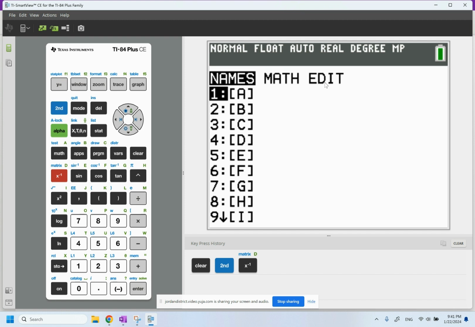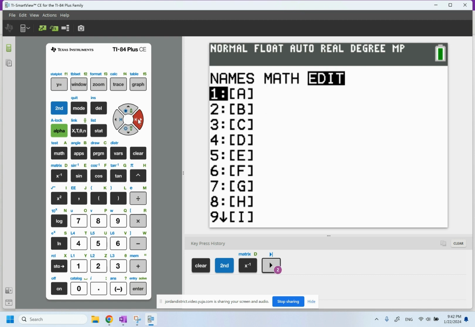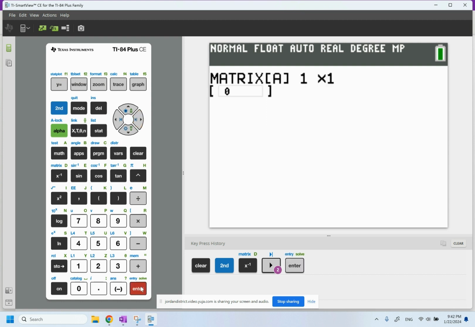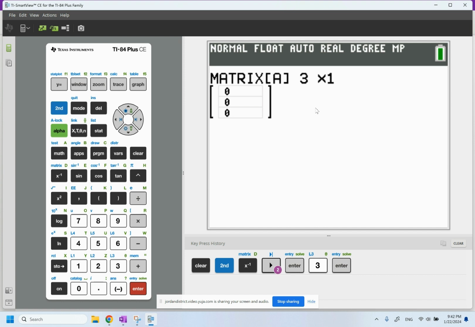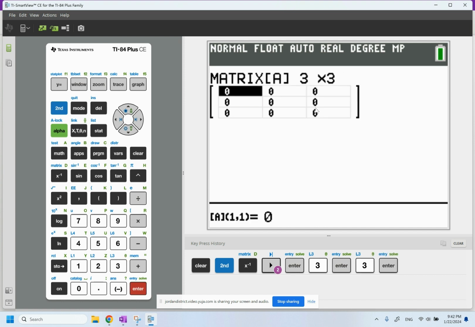I'm going to move over until we get to edit A, and then hit enter, and it's giving me the chance to modify what A is. It's set to 1 by 1. We want it to be 3 by 3.